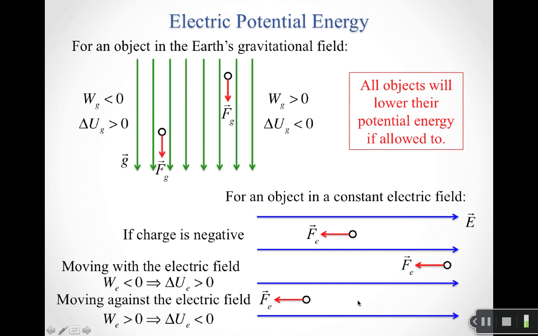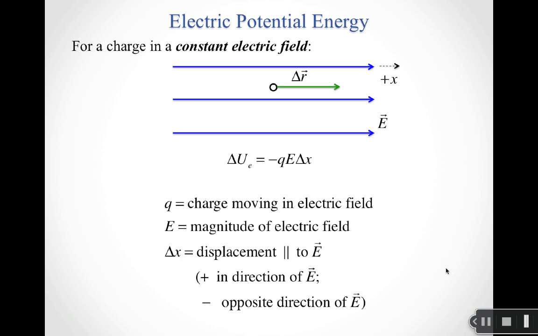So if you give them the chance to lower their potential energy, all objects will. So if you let this negative charge go, it's going to naturally move in this direction. It's going to decrease its potential energy by moving against the electric field. To make it do the opposite of that, you have to do work to increase the electric potential energy.